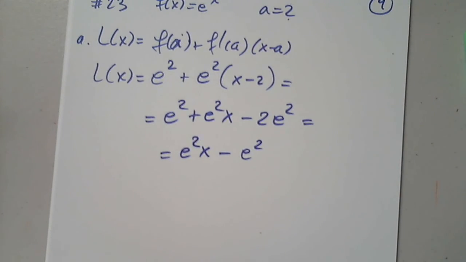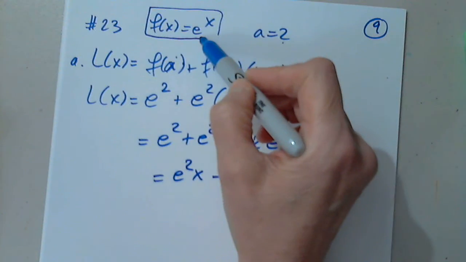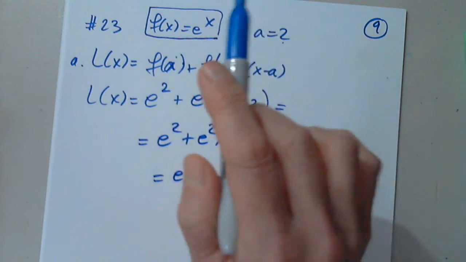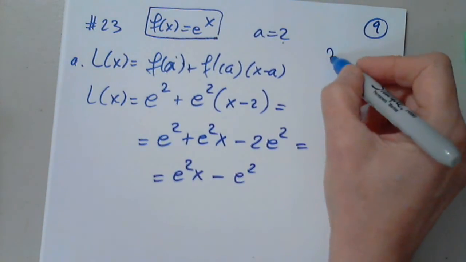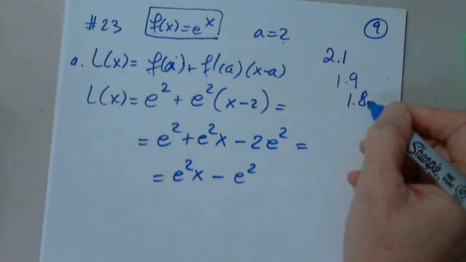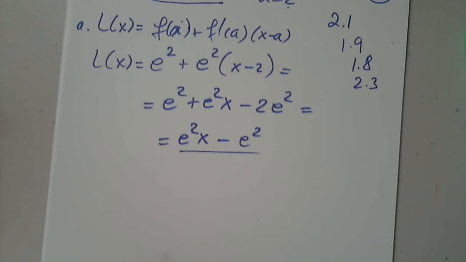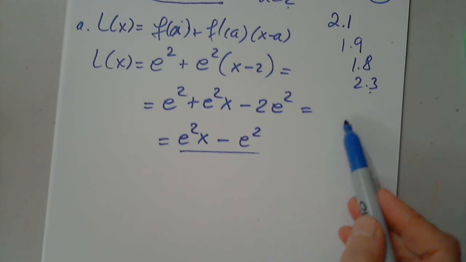And this is it. So if you want to approximate this function, not exact, but approximate, at 2.1 or 1.9, even 1.8, even 2.3 potentially, you can use this. Plug in 2.3 here.